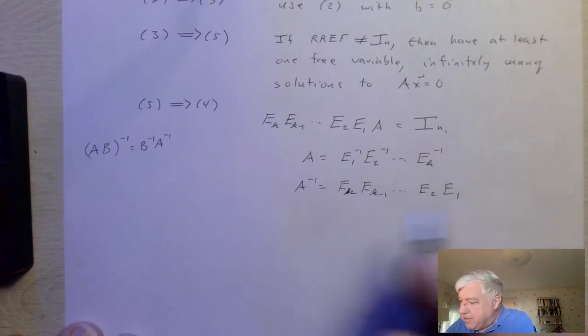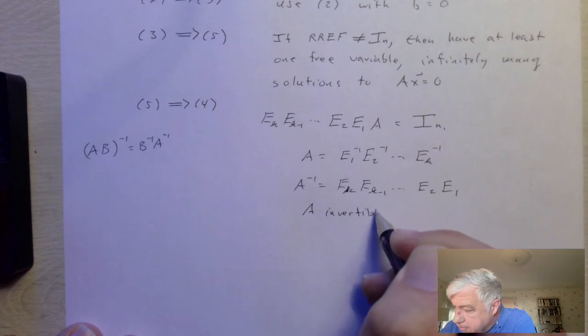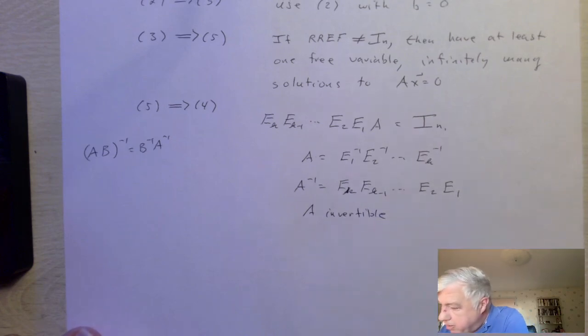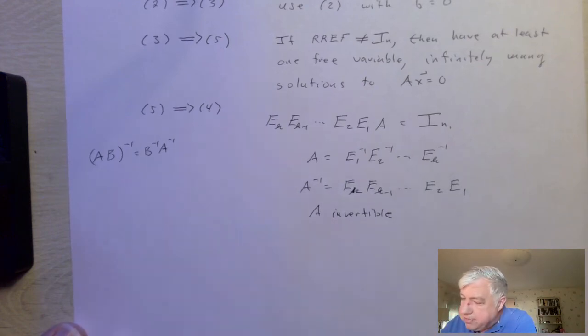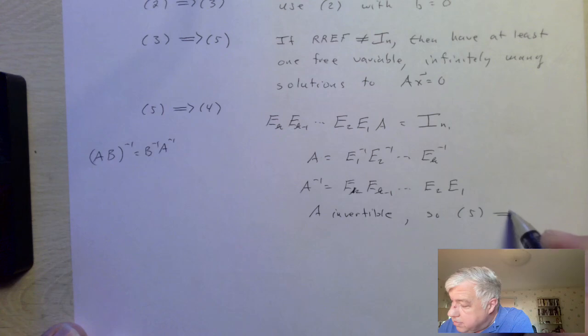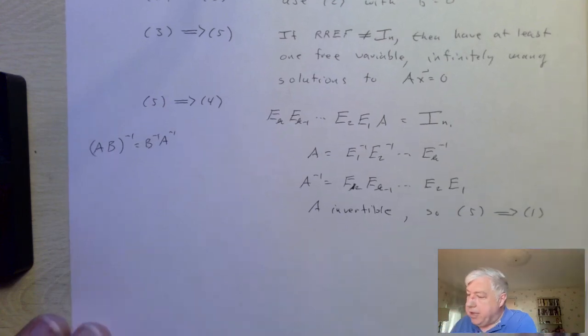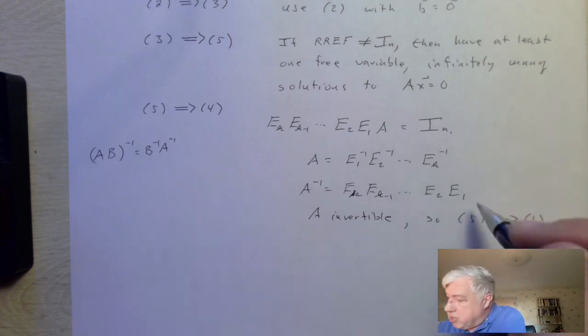So you can see that means that A is invertible. Okay, so that tells us that 5 implies 1, or I should say 4 implies 1, sorry.